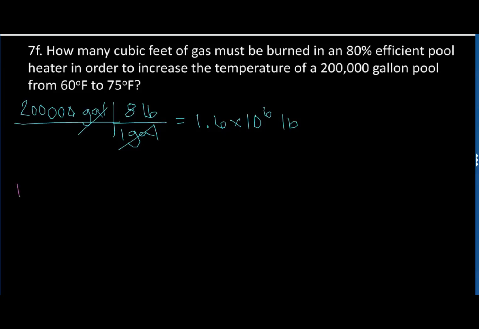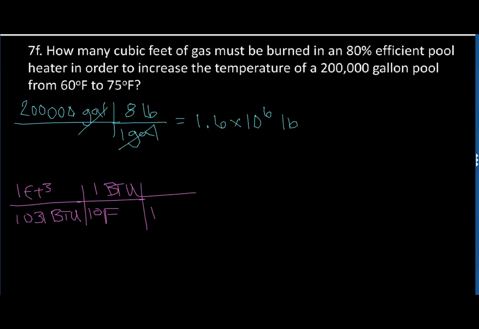So here we go. 1 foot cubed, 1031 BTU. 1 BTU is 1 degree Fahrenheit, 1 pound, 15 degrees Fahrenheit, 6.